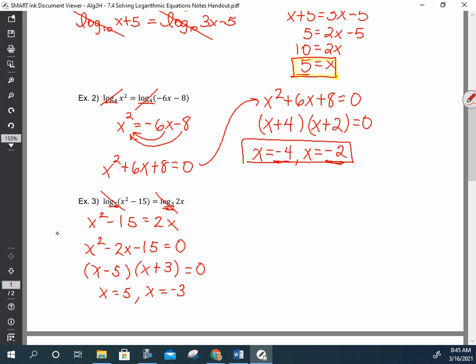We all agree so far? All right, so right now, this is where we're at. Now we have to check it to make sure that they work out.